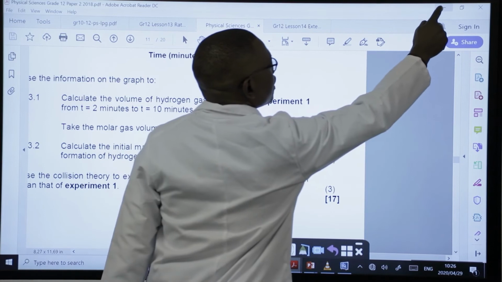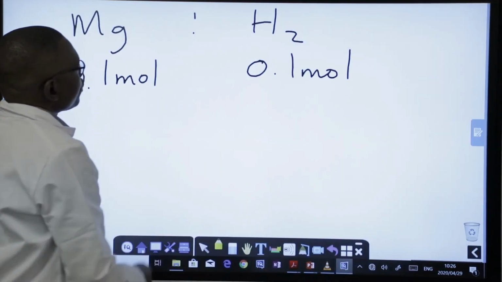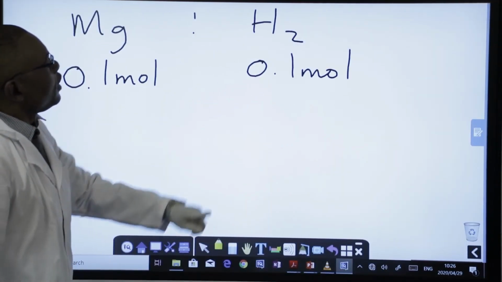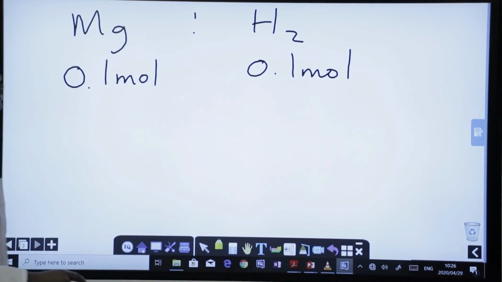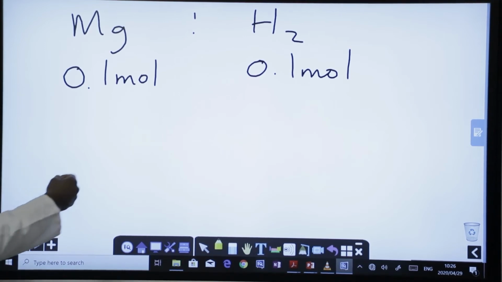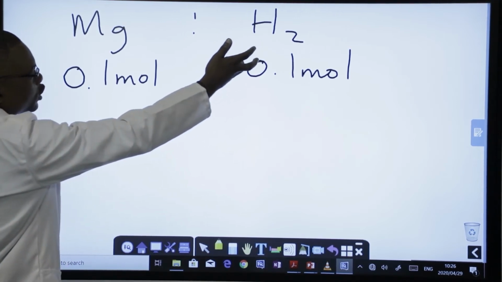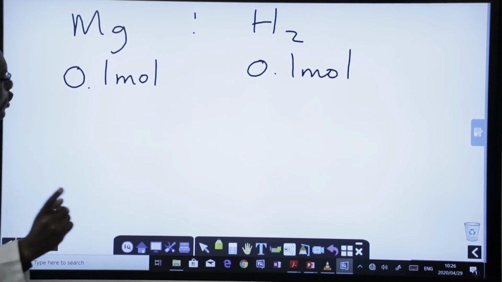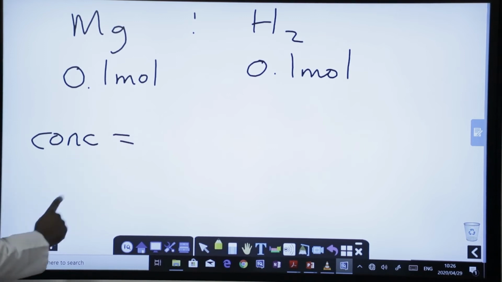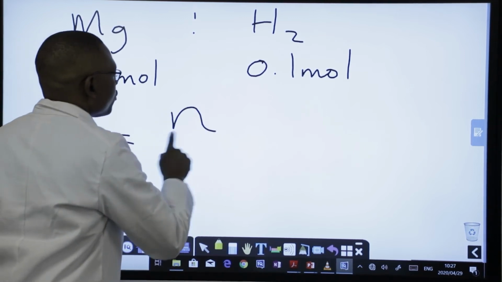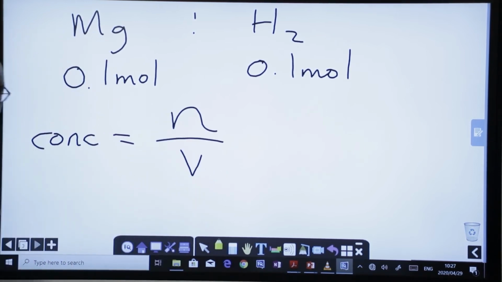For us to determine the volume, we know that this number of moles of hydrogen is equivalent to the amount of hydrogen which has been produced. From our concentrations, we know that concentration is equal to number of moles over volume.